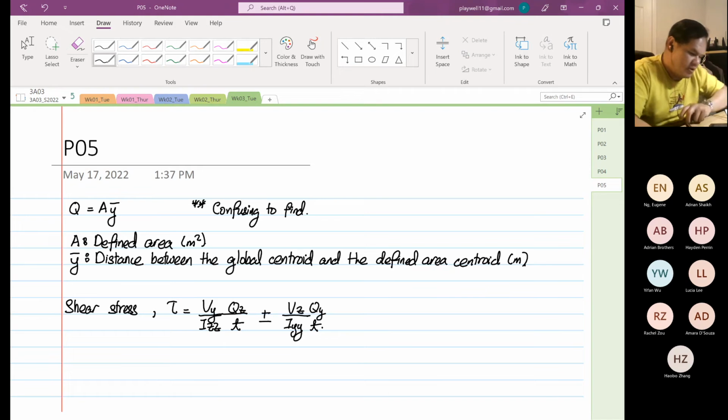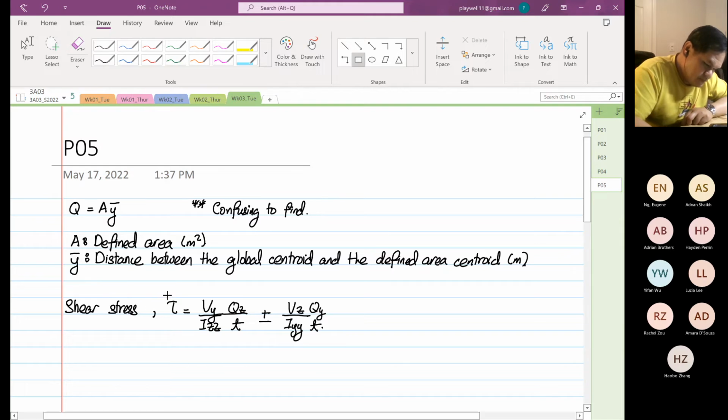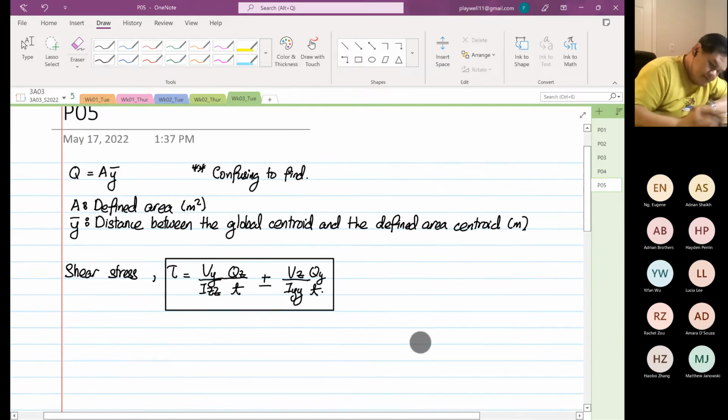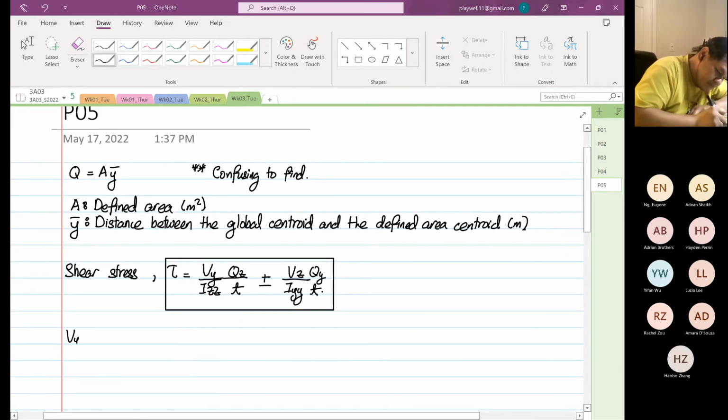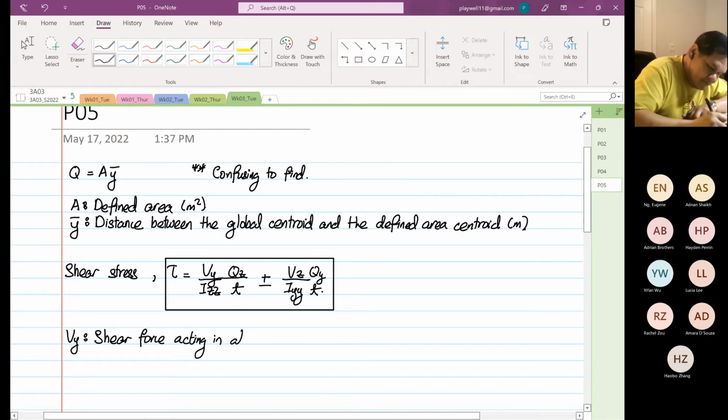Okay, so what do we mean by T now? Let me define what they are first. Vy is the shear force acting along the y axis.